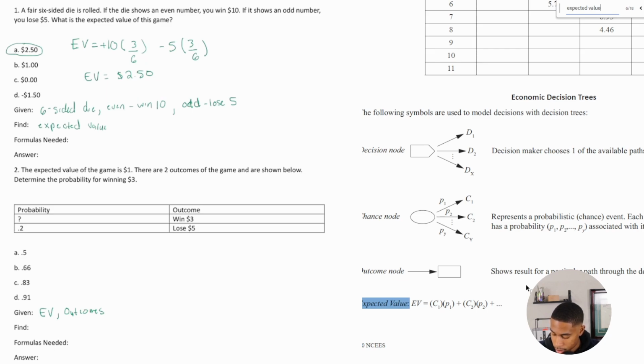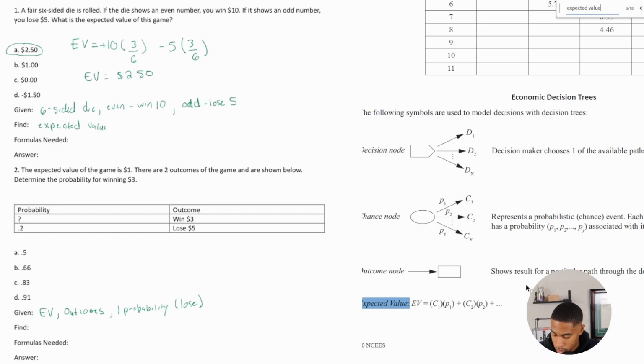We're also given 1 probability, and that probability is for losing, and that is 0.2, or 20%.